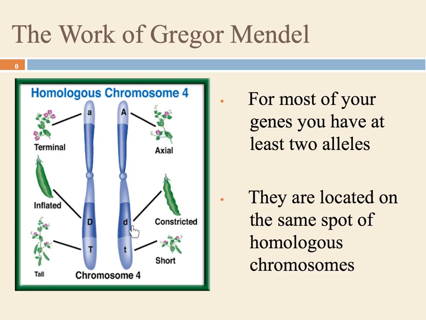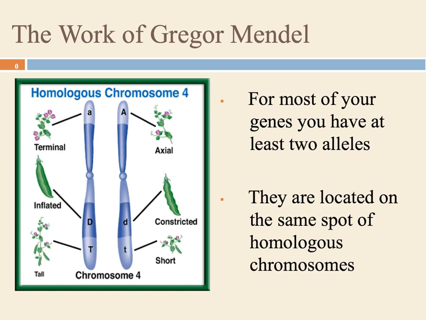And then in this location, you'll find the gene for how the pod is, whether it's inflated, which is dominant, and then constricted is the recessive version of that gene, and that would be located on this area of chromosome 4. And then this location on chromosome 4 would be the height of the plant. So tall is dominant, and then short, again indicated by a lowercase letter, is recessive.